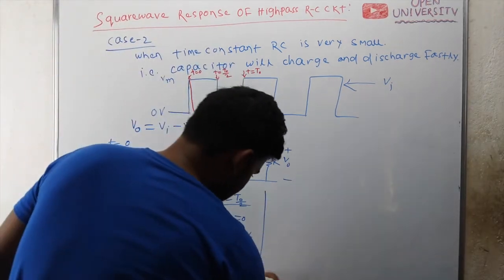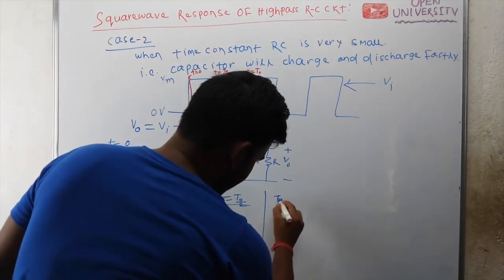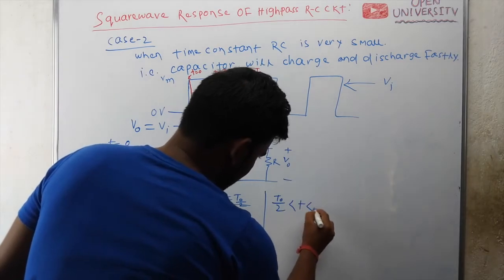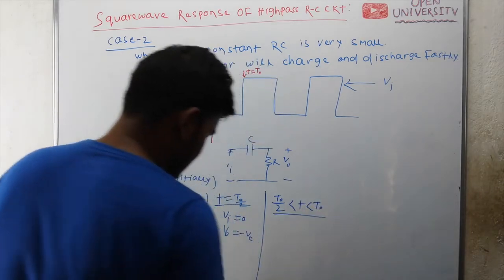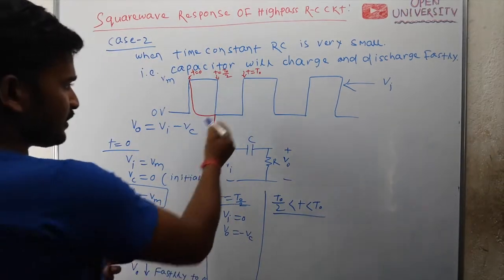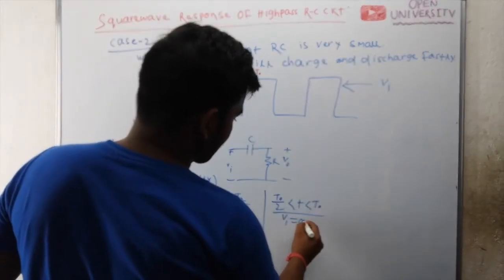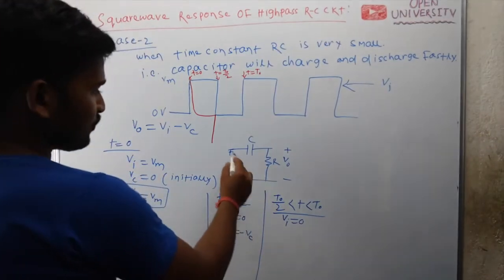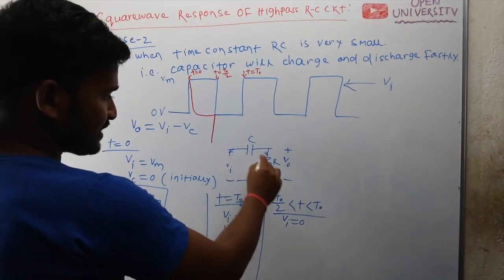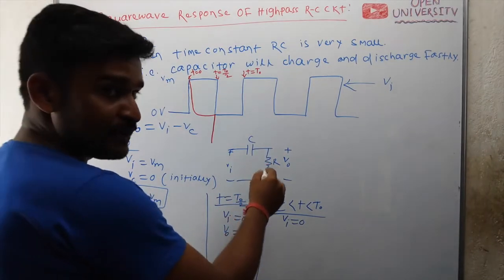Then understand what happens when t is in between t naught by 2 to t naught. In this interval, your input voltage is 0, Vi is 0. If input voltage is 0, then capacitor will discharge its energy through resistor very fast.